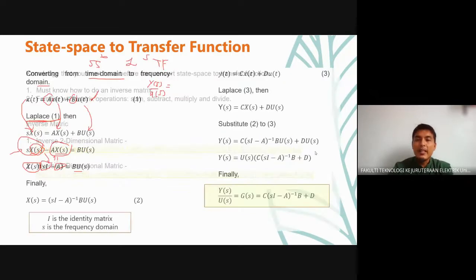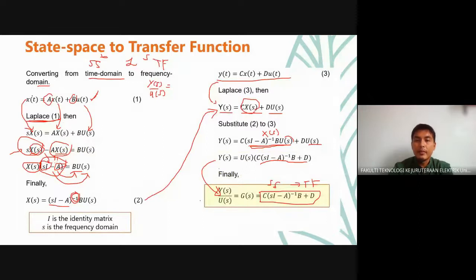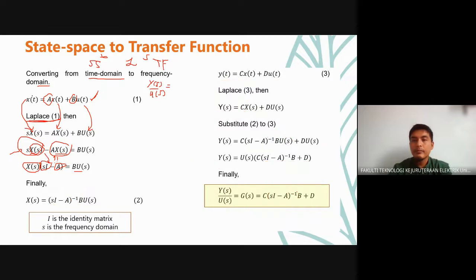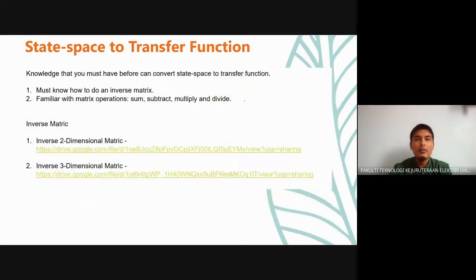Firstly, before we can use this formula, you can see that there is an inverse in (sI minus A) inverse. So you need to know how to do the inverse of a matrix before you can solve the question.